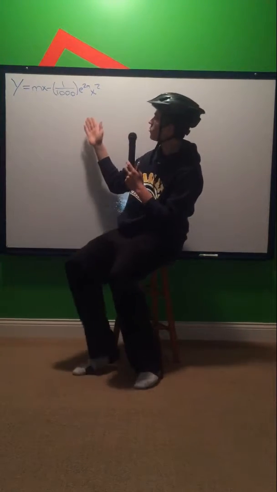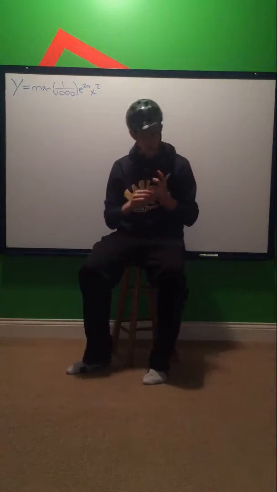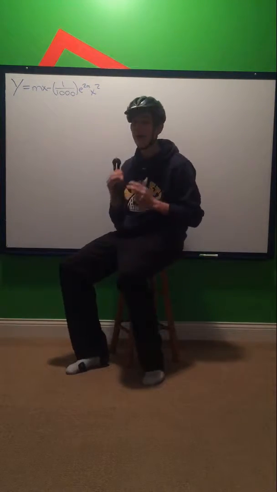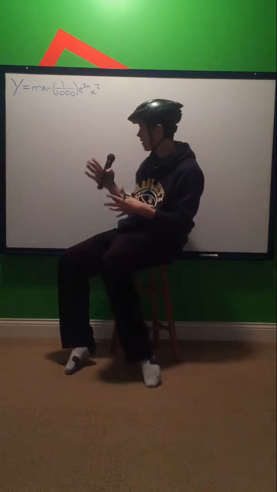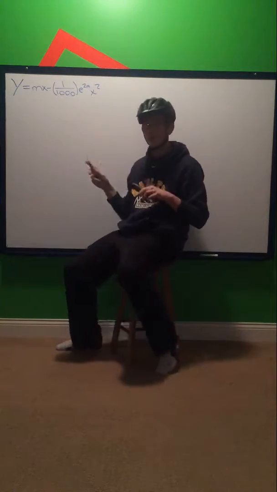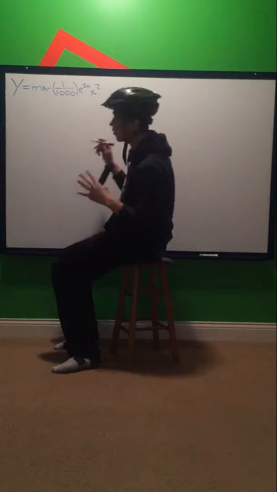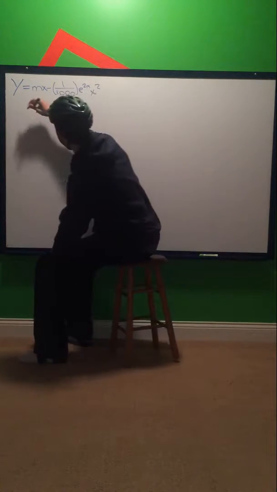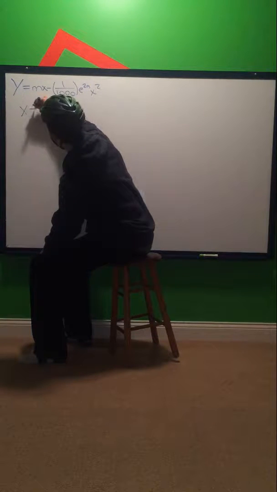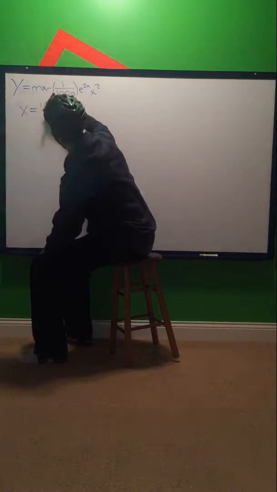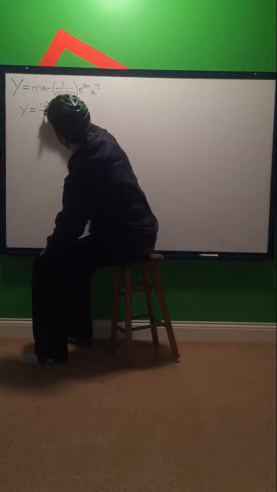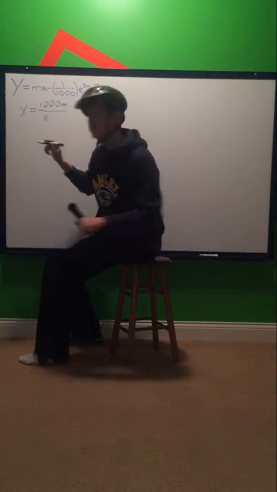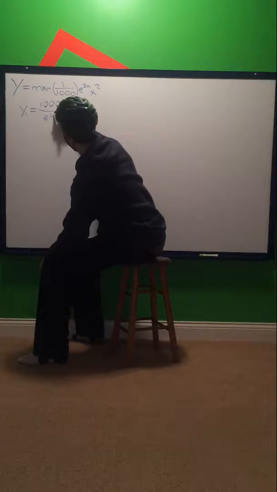Alright, so this is the equation that we have for the problem. When y has to equal 0, so when the ball hits the horizontal axis, we set it equal to 0. So when we do that, we solve for x, and we get x is equal to 1,000m over e to the 2m.